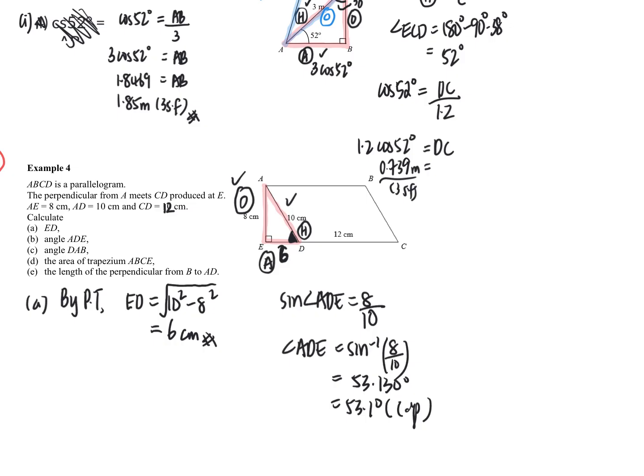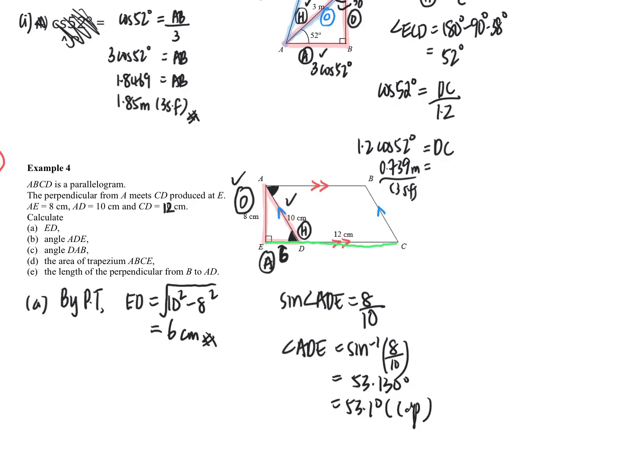Okay, next they want the angle DAB. This one. So you ask yourself, I have a parallelogram. A parallelogram has parallel sides. So this pair of sides are also parallel. So just now they tell you that actually this line is an extension, so it's that same line.